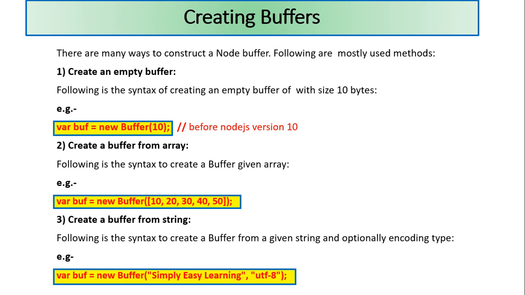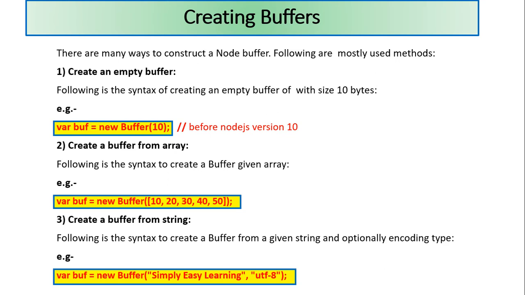Now the third way to create a buffer in Node.js is from a string. The following is the syntax to create a buffer from a given string and, optionally, an encoding type. In this example, we again use a variable buff, then the assignment operator, the new keyword, then the Buffer constructor, and in this constructor we use two arguments.